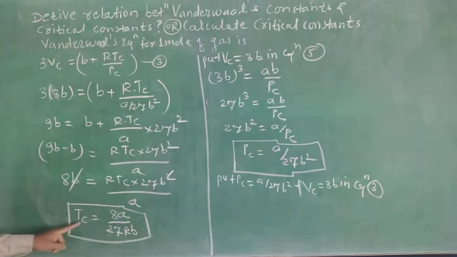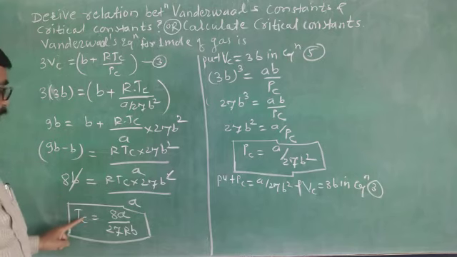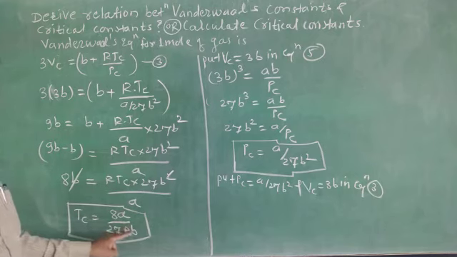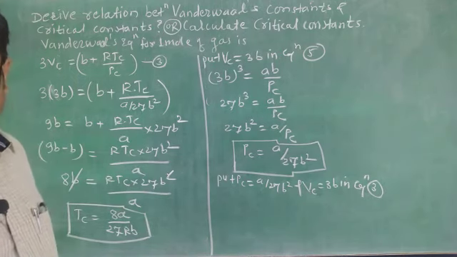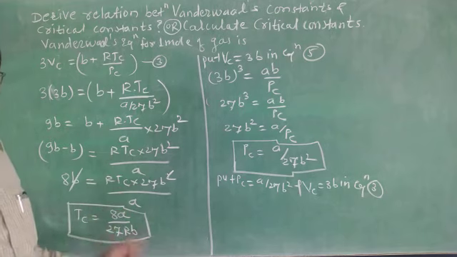This is the critical constant Tc, that is the critical temperature, and A and B are the van der Waals constants. This is the relationship between Tc, Vc, Pc and A and B.